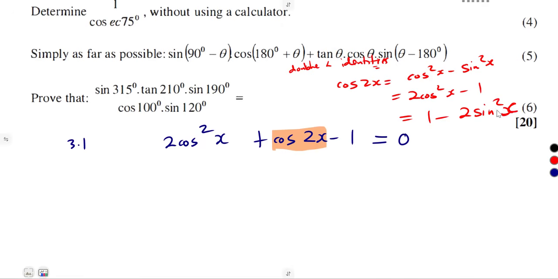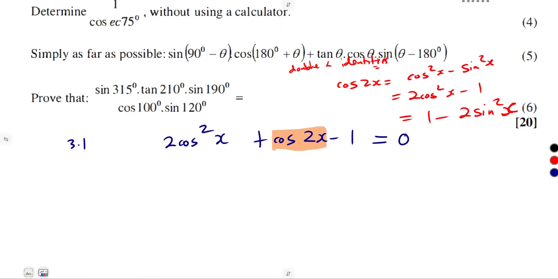Of these three identities, which one is the best? We cannot take the cos squared minus sine squared. Guys, we do not need to have cos and sine at the same time to complicate our question.